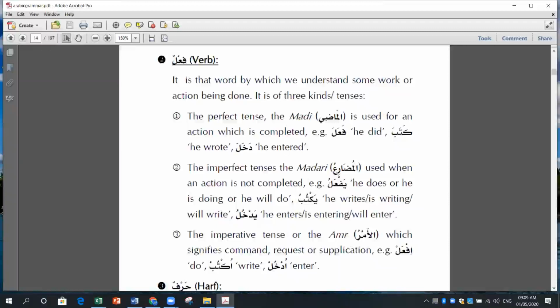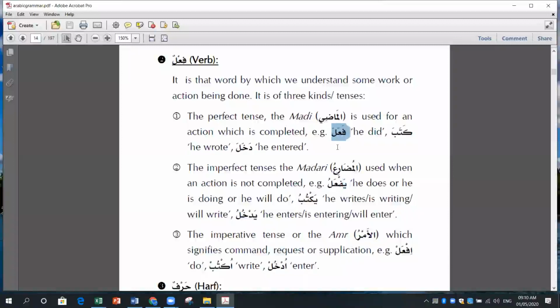And the symbol is, you can note down, four letters. Ya, this small ya, right? If you compare with fa'ala, what extra letter can you find here? Yes, the ya. Otherwise fa, ain, lam were present in this also, right?